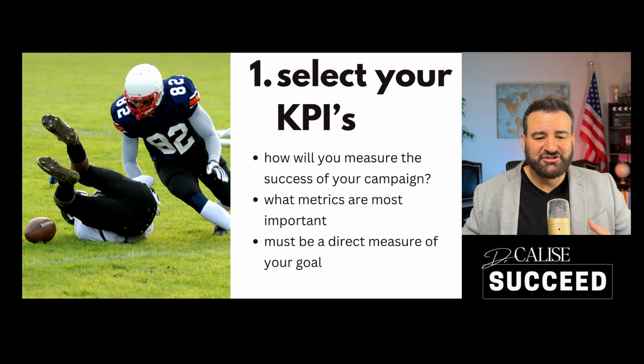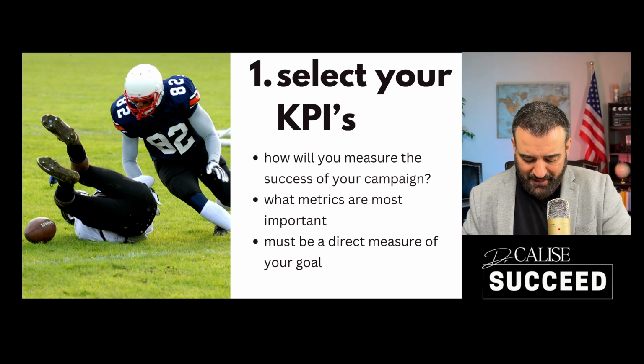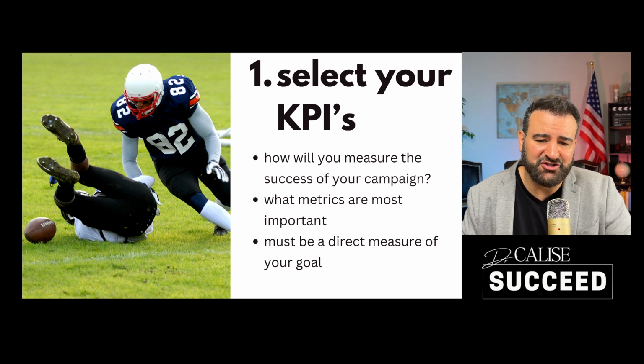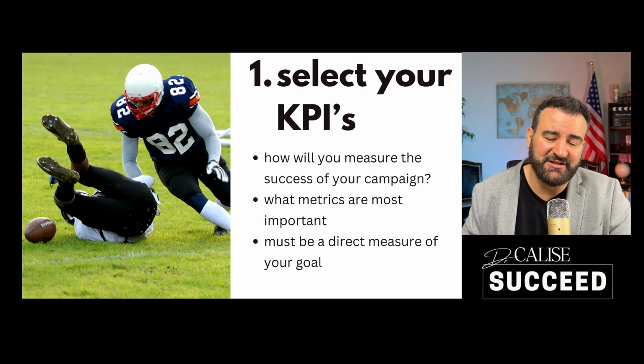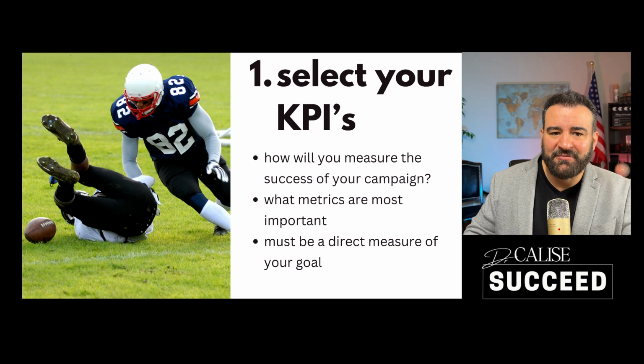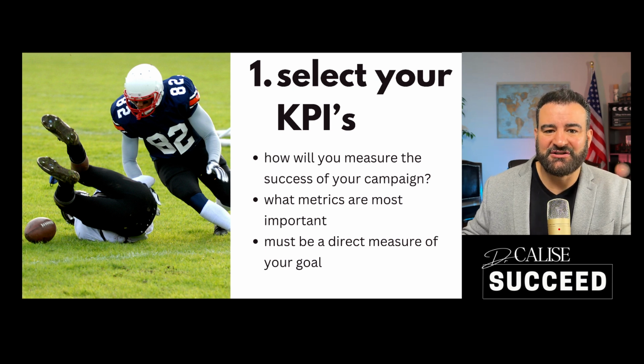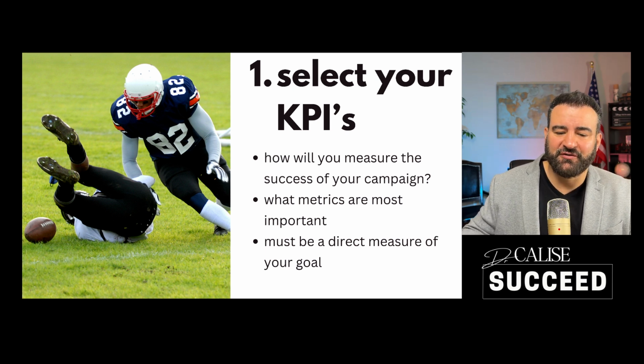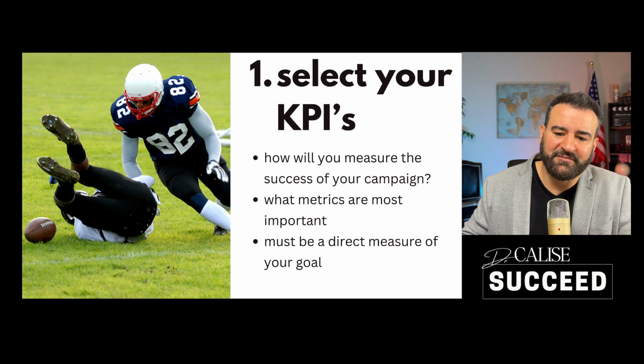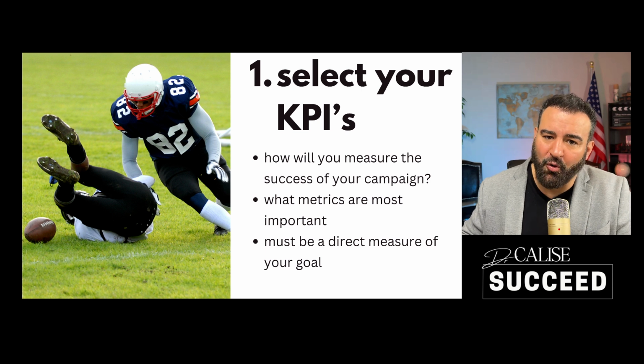Okay? All right. So that is it for this video. KPIs is really simple. It is simple, but it's so funny because you'd be surprised how many people actually do not use it and do not define it before the campaign actually goes into launch. All right. So just remember these different items, right? How will you measure the success of your campaign? What metrics are most important to you?